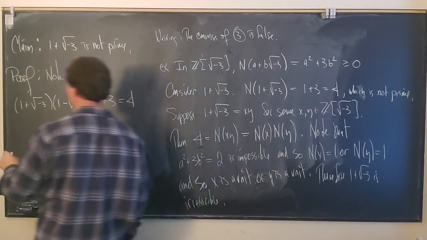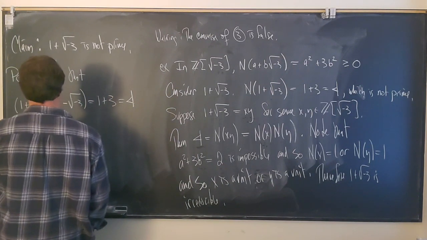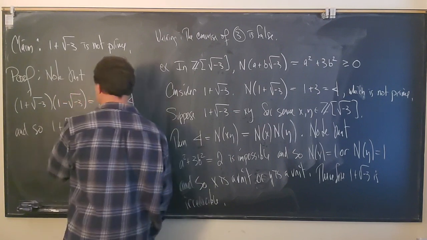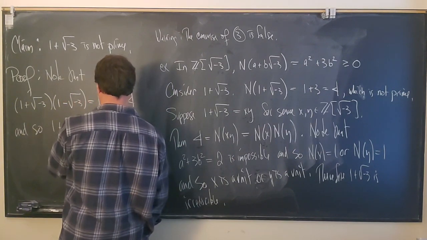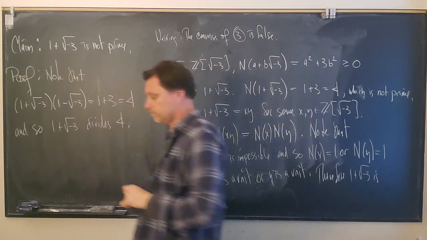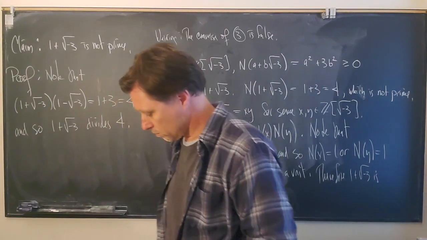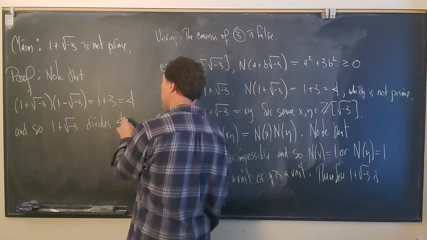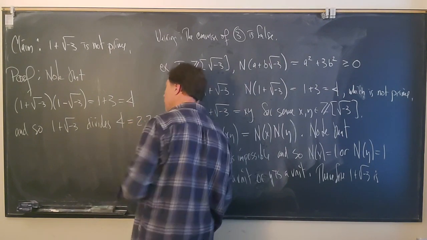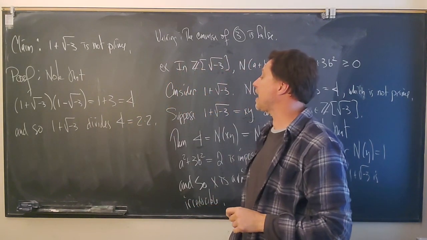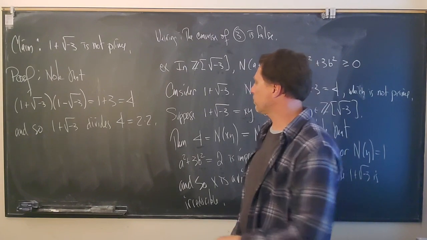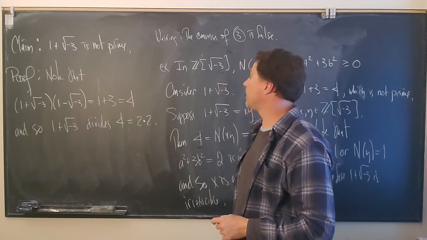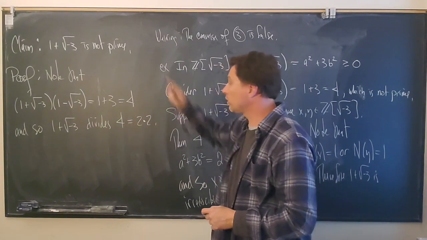And so our element 1 plus square root minus 3 divides 4. Of course, 4 is equal to 2 times 2. So to show that it is not prime, what I would need to do is, if I can show that it does not divide 2, then we conclude that it's not prime.